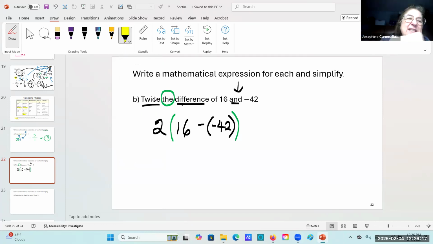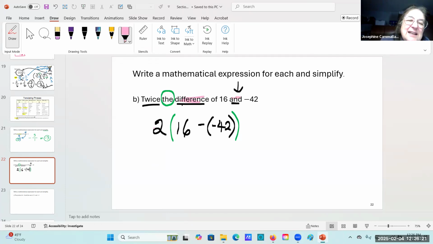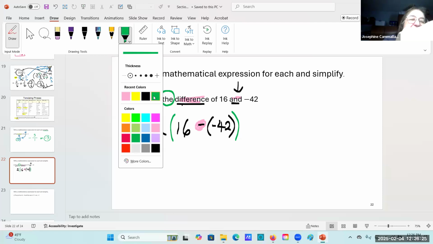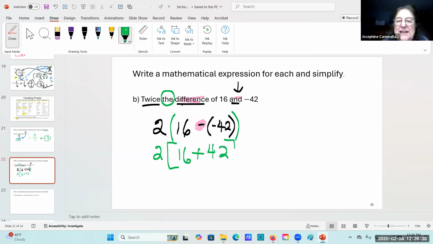The word difference happens to indicate this minus sign, which means I have 2. Now, sometimes they like to use brackets. 16 plus 42 instead of parentheses.